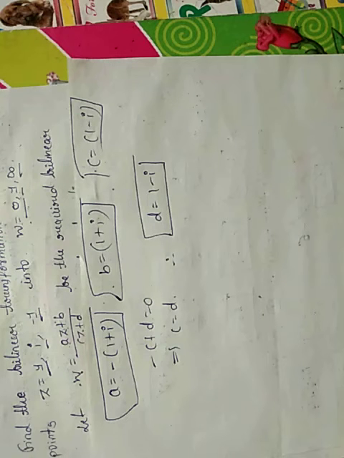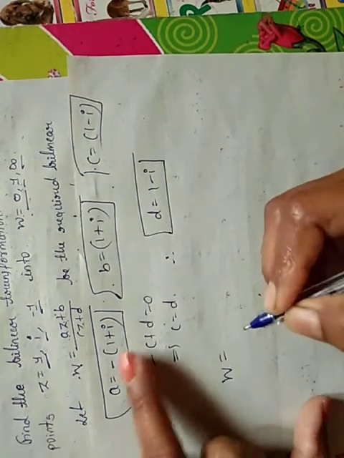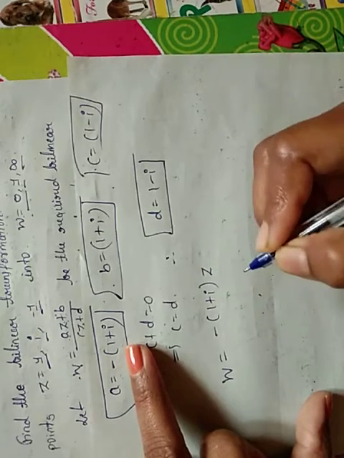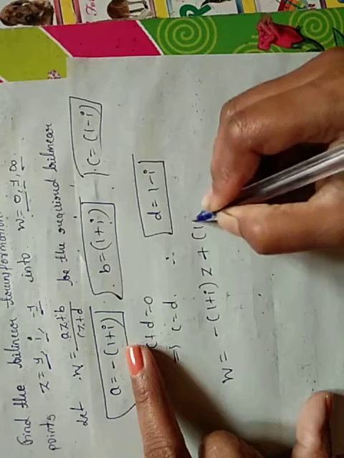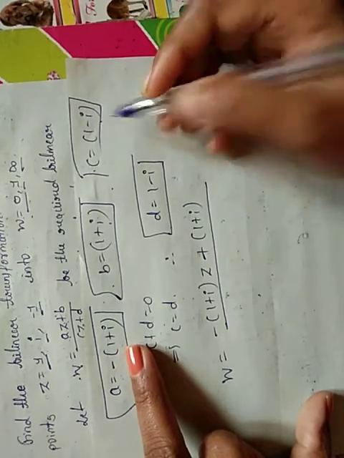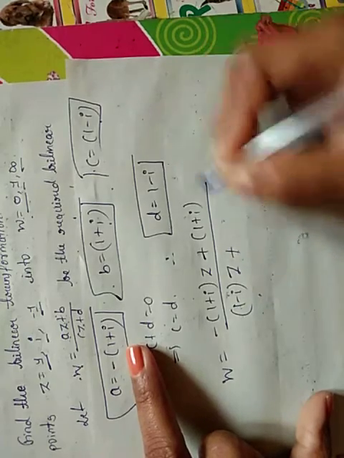Now we have to substitute these values in the assumed form of the bilinear transformation. So w equal to az plus b divided by cz plus d.